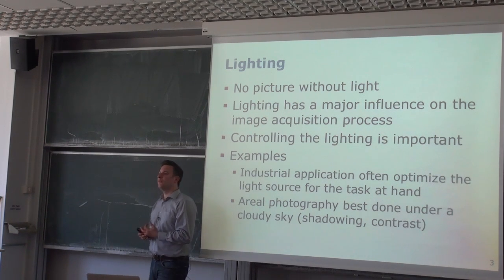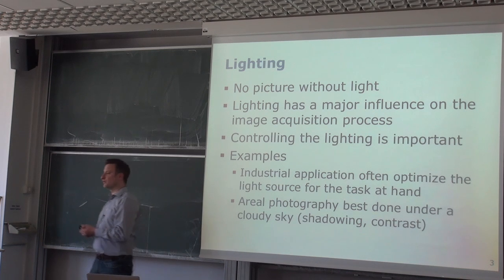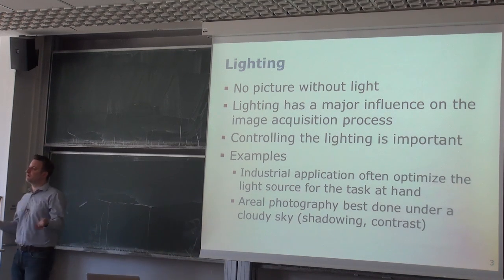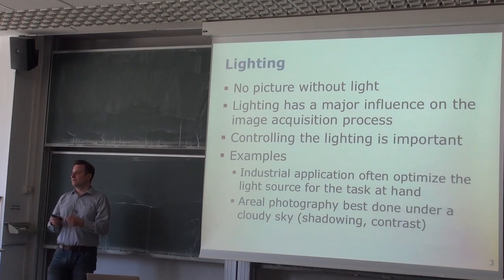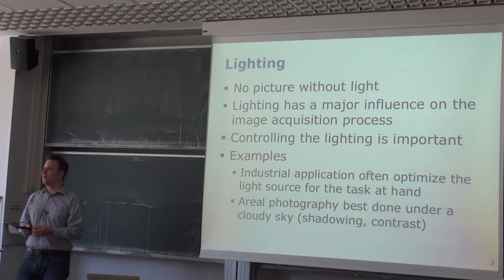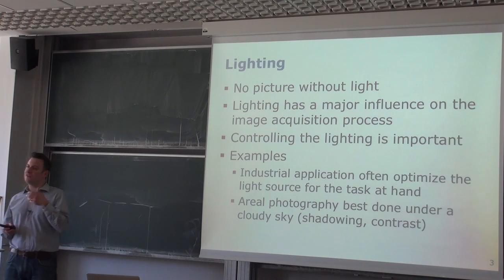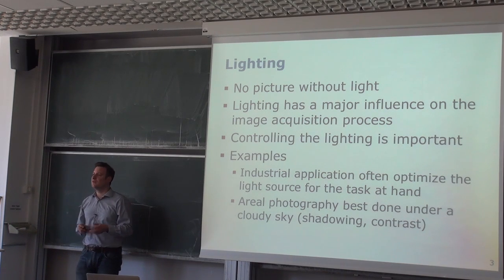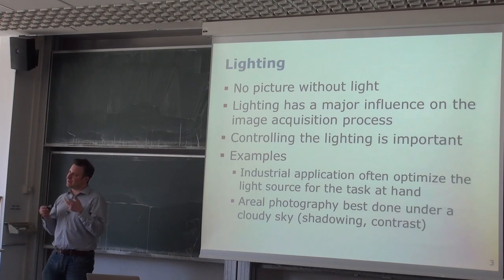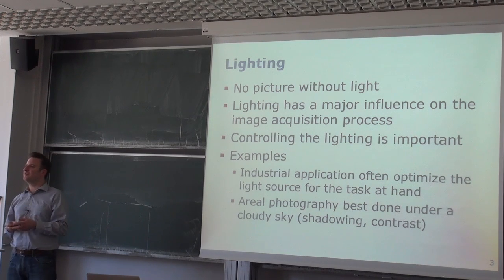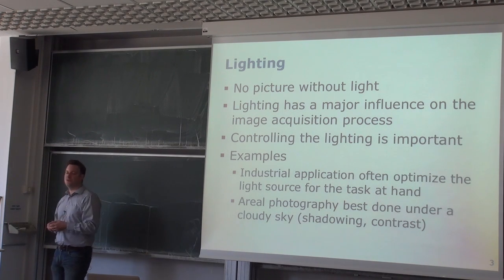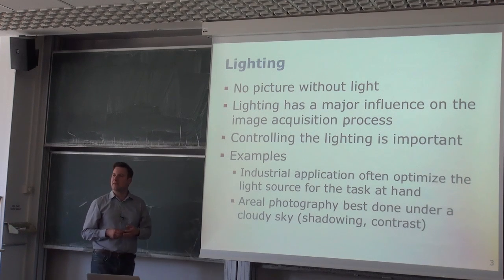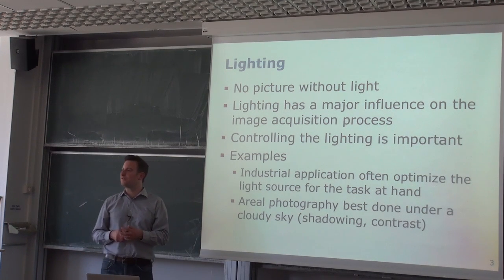Similar things hold for taking aerial photos and using them, for example, for mapping purposes. It's very hard to control the light outside, but we can at least consider when to fly, when to go up with the airplane and take those images. If we can control or at least adapt to the weather conditions, and fly under similar or well-suited weather conditions, that simplifies the process substantially.